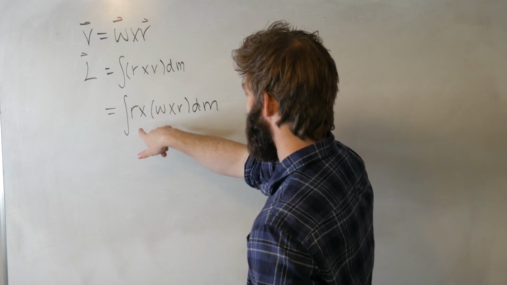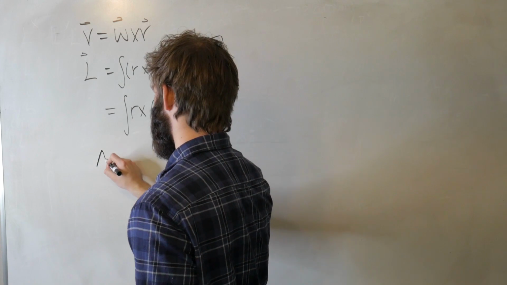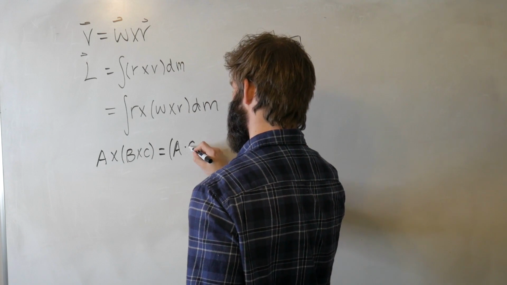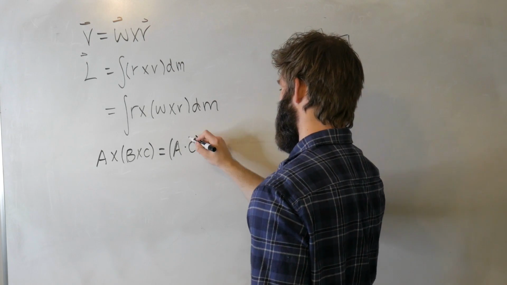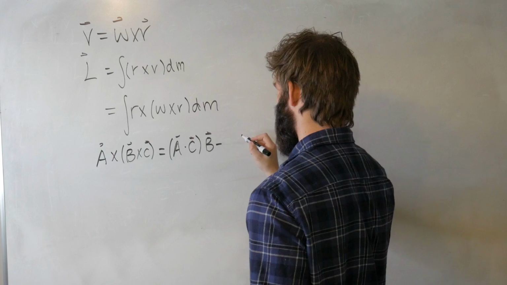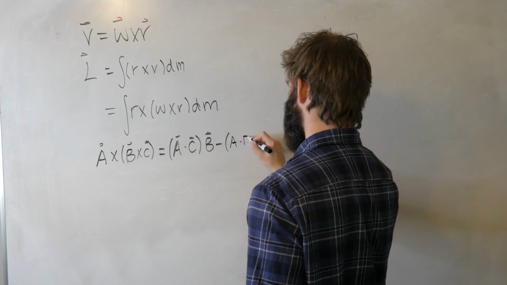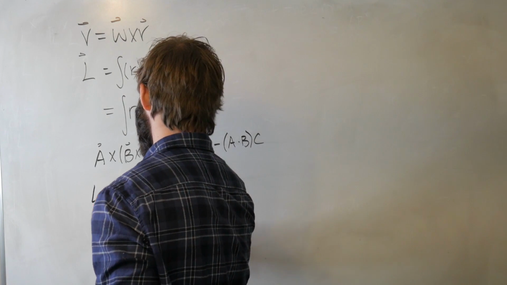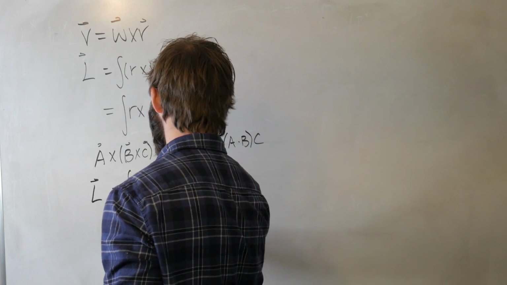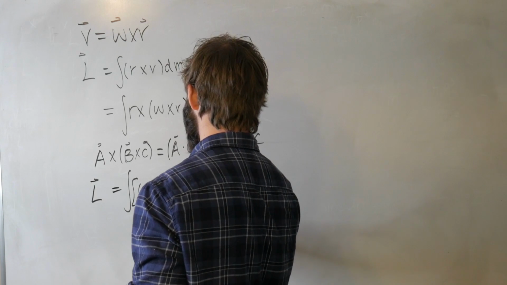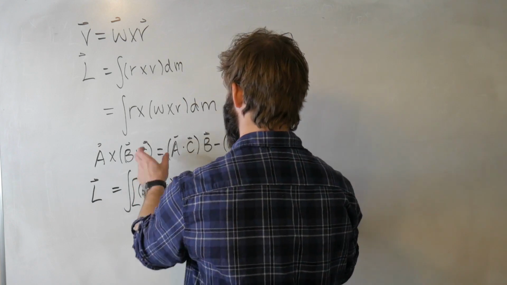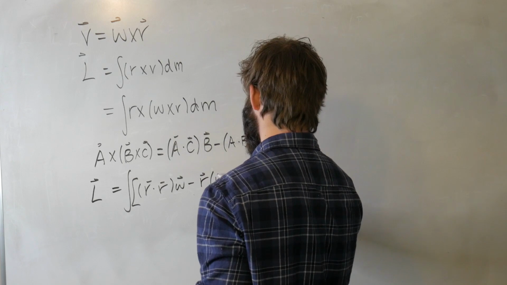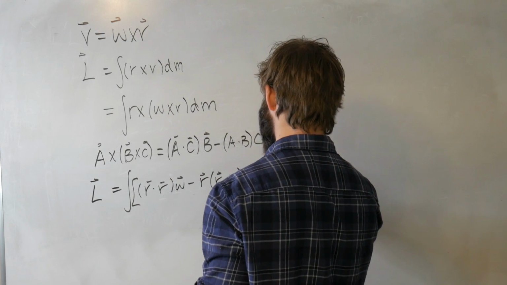The cross product identity that we're going to need to simplify this a bit is if we have a vector A cross B cross C, that this is equal to A dot C B minus, these are still vectors, A dot B C. Now, applying this identity to this equation here, what that tells us is that L can then be written as the integral of r dot r times omega, so we're looking at this one, minus an r times r dot omega dm.